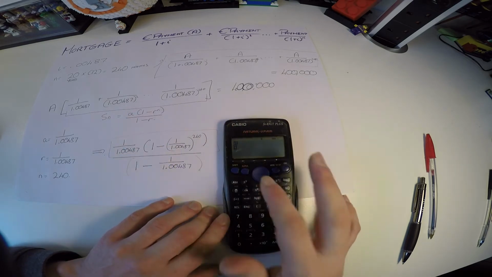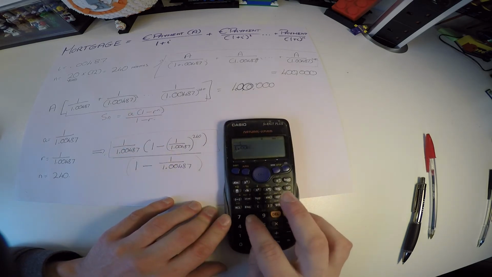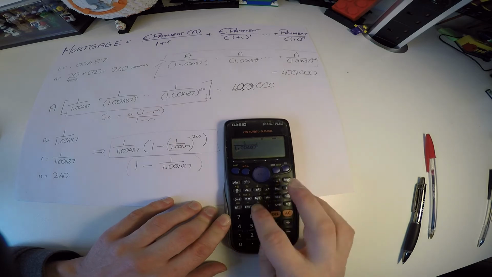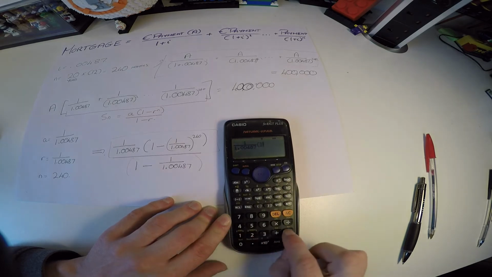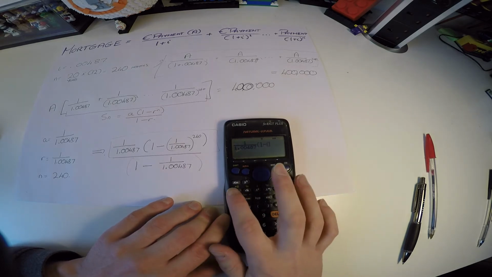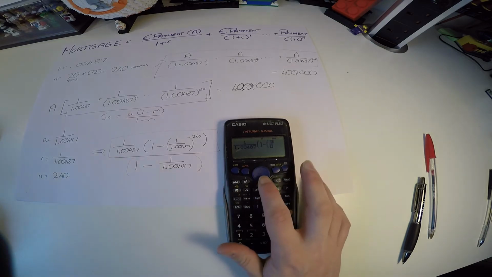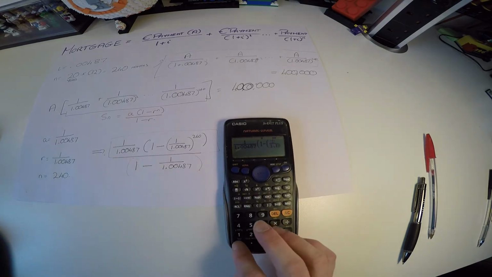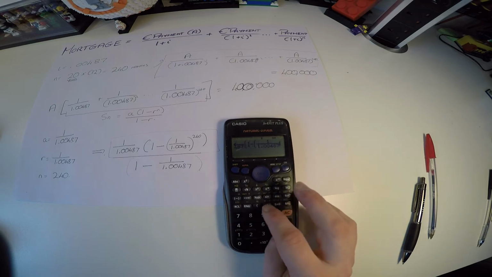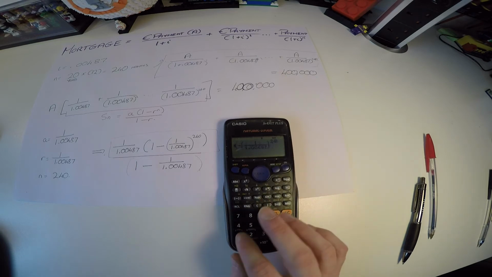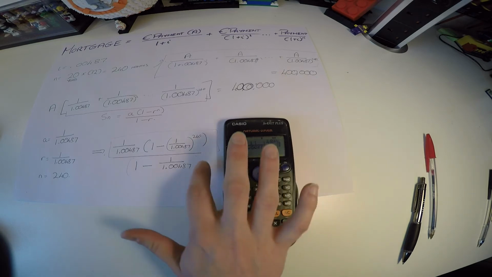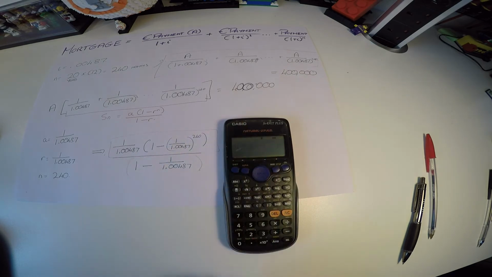So that's 1 over 1.00487. Okay, brackets to multiply by 1 minus, and in brackets 1 over 1.00487. But this stuff is to the power of 240. Let's not forget to close that final bracket. Let's hit equals.